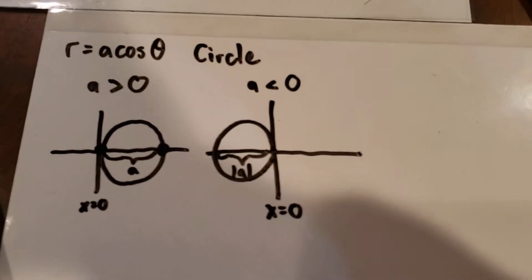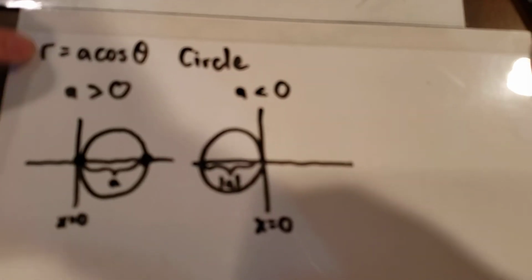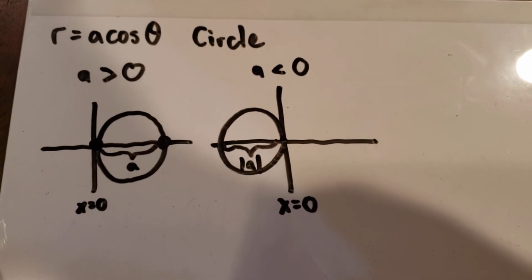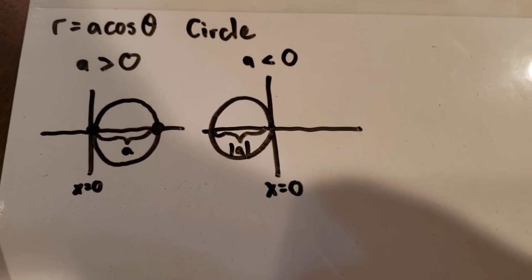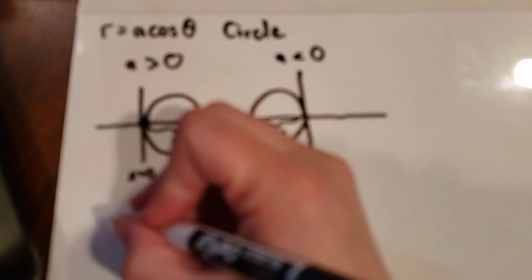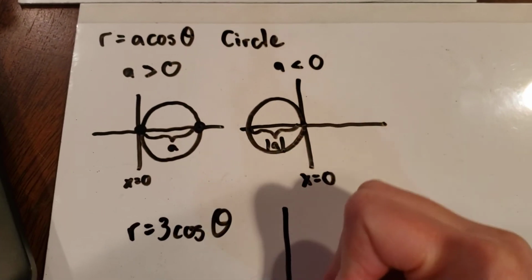What you need to be able to do is know that when you see this polar curve, you're getting a circle, and you need to be able to sketch that circle, not by making a big table of values, but just by knowing. So for example, if I have r equals 3 cosine theta, I know I have a circle.